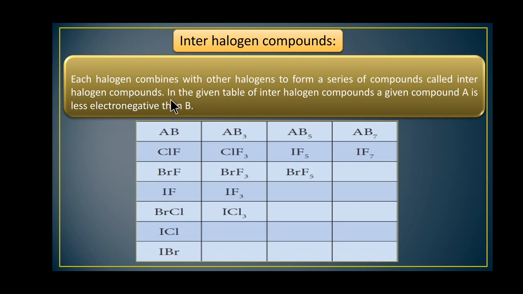For example, interhalogen compounds are classified as AB type, AB3 type, AB5 type and AB7 type.